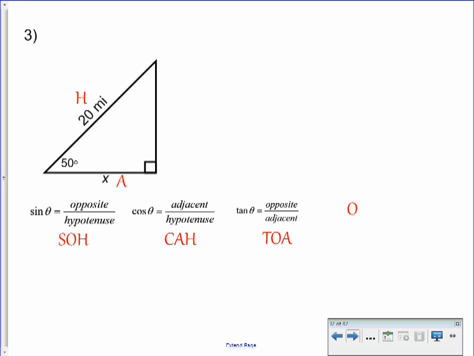Hey, we have the hypotenuse. We do have a hypotenuse. What else do we have? Jason, yep. So what are we using?